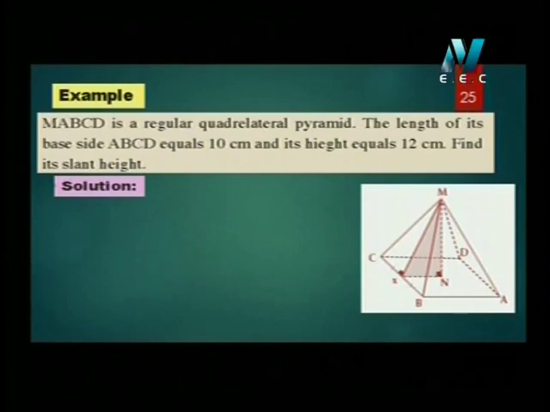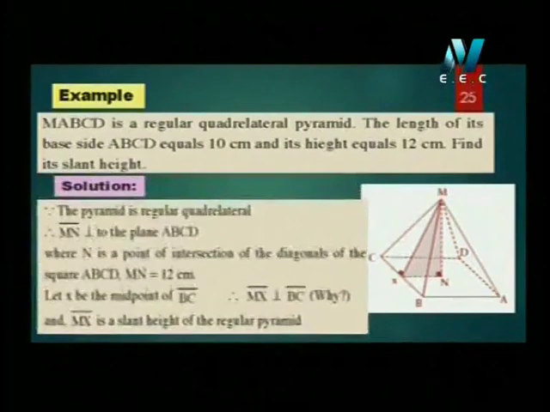XN here equals half the base BC. The side length equals 10, so XN will be 5 centimeters, and we have the height MN and the slant height MX.